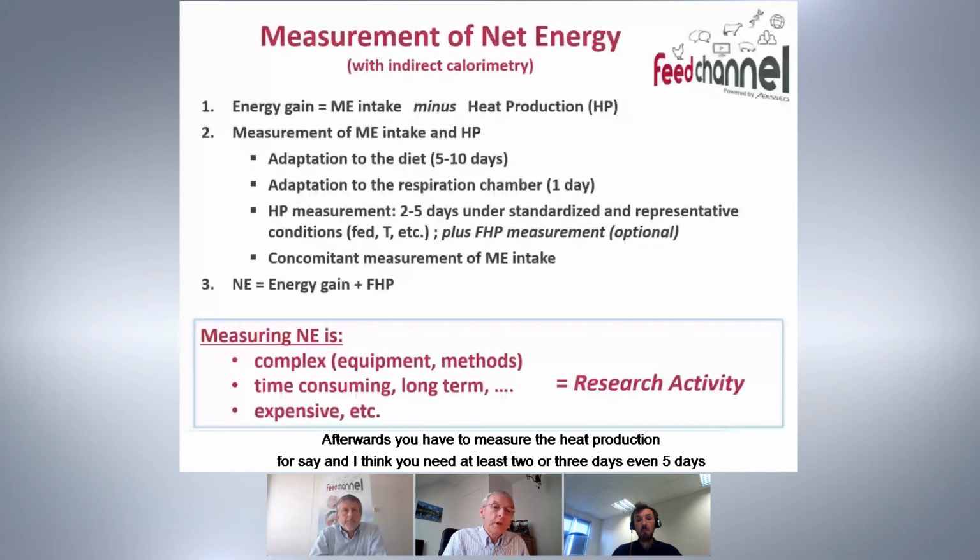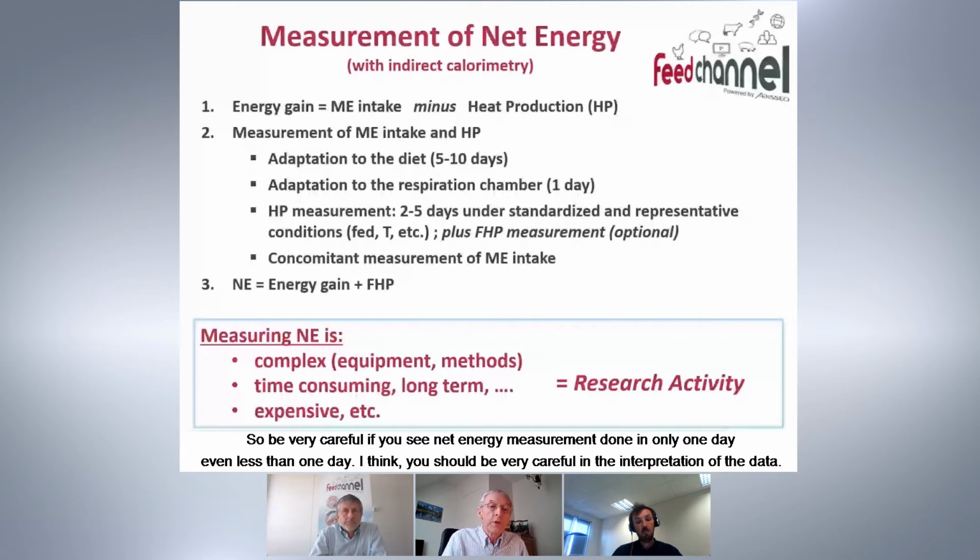Afterwards you have to measure the heat production per se, which needs at least 2 or 3 days, or even 5 days, under very standardized and representative conditions. That's very important for interpreting the data afterwards.